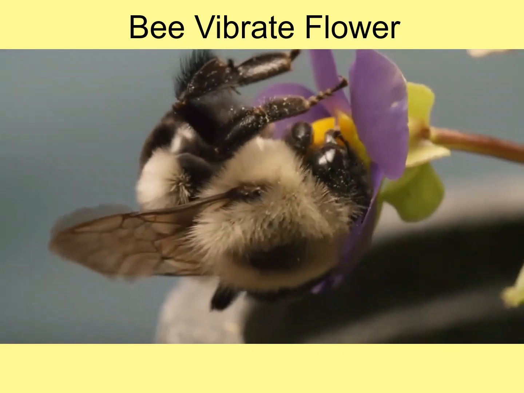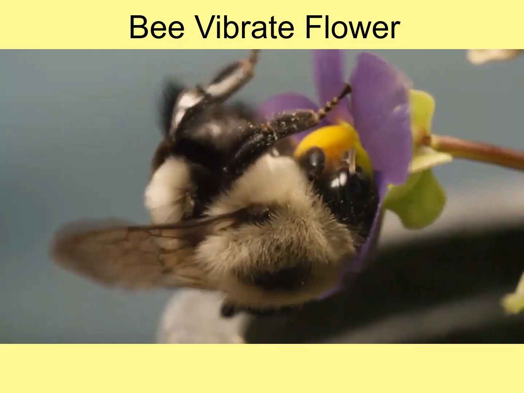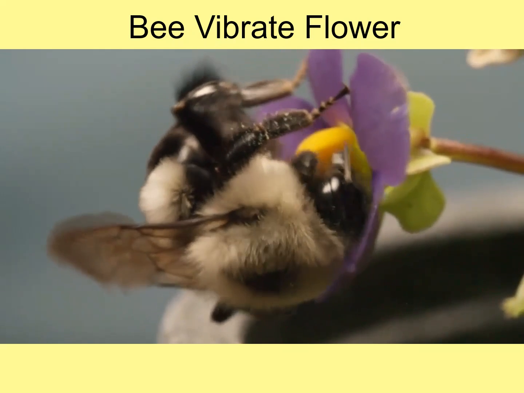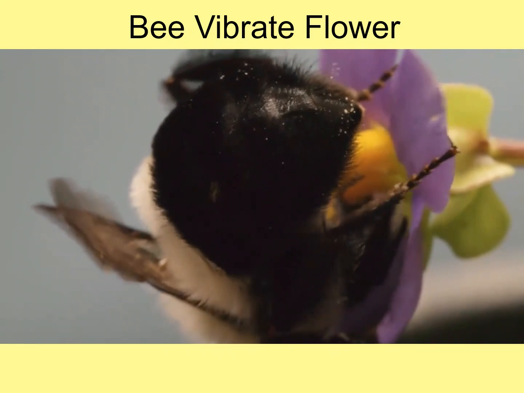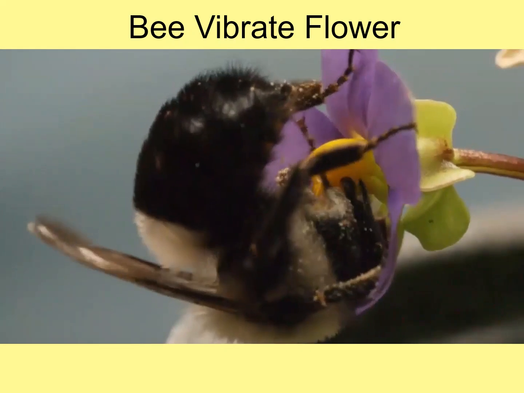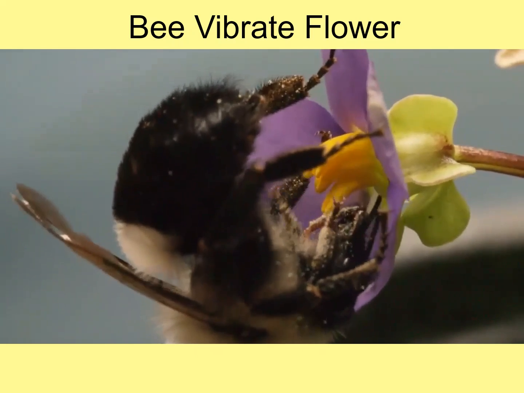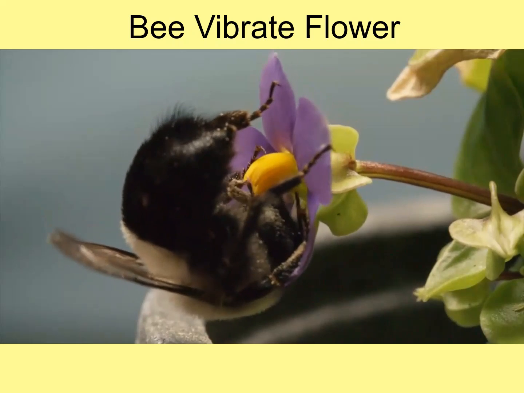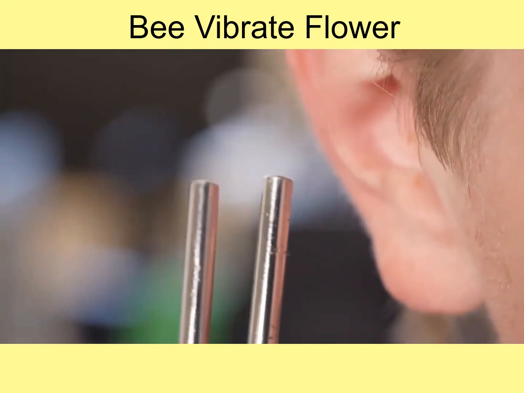But here, those muscles vibrate its whole body, so hard and fast that it makes a louder, higher-pitched buzz. This vibration shakes up the pollen trapped inside the anthers until it spews out all over the bumblebee. It's called buzz pollination, and you don't need a bumblebee to do it. A tuning fork will do.